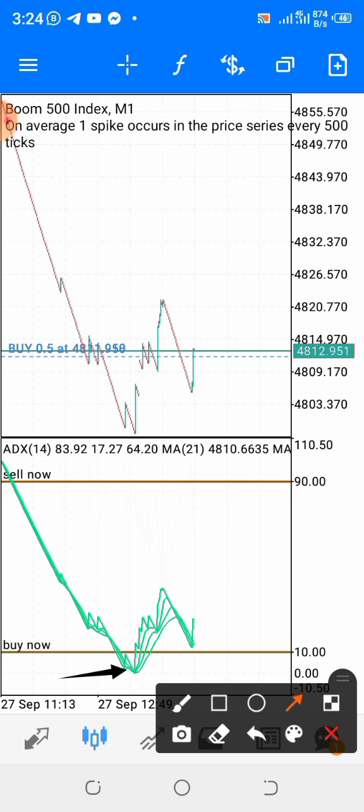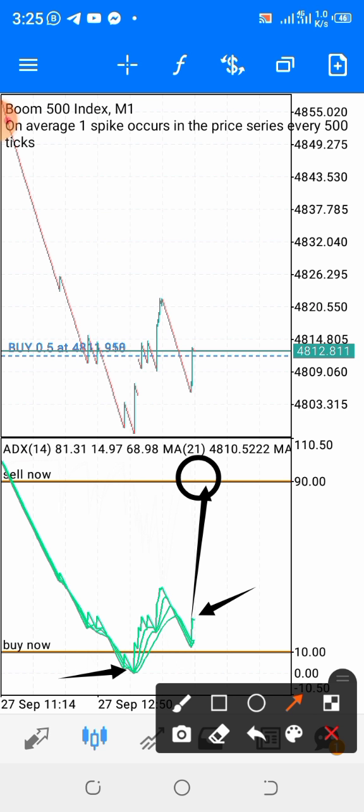When you enter a buy, you allow the spike to start coming till it pushes this indicator to this level, which is level 90. Once it does, you take profit and wait for the pullback to push the indicators down again to level 10.